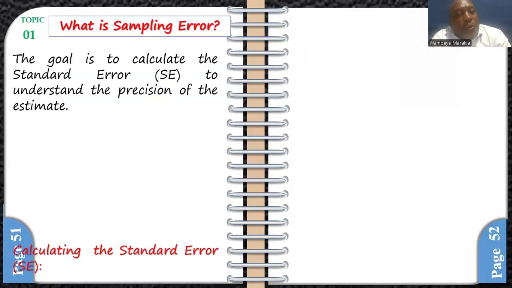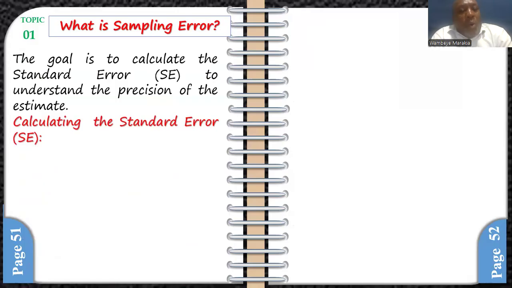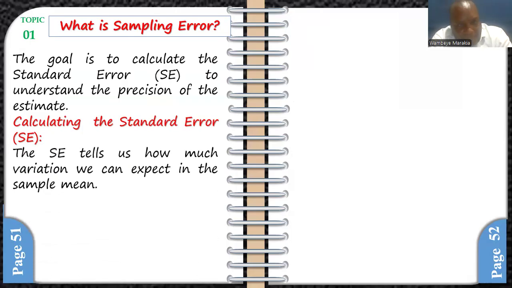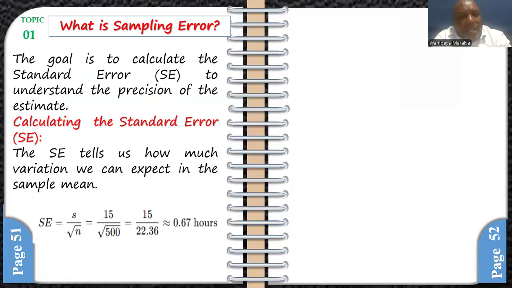Our goal is to calculate the standard error to understand the precision of the estimate. The standard error will tell us how much variation we expect in the sample mean.